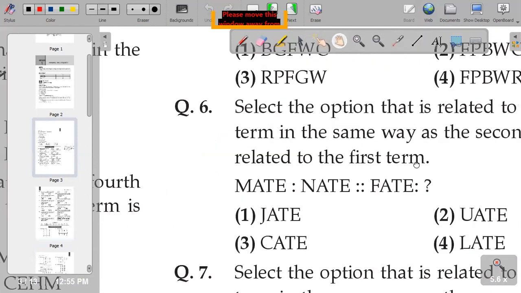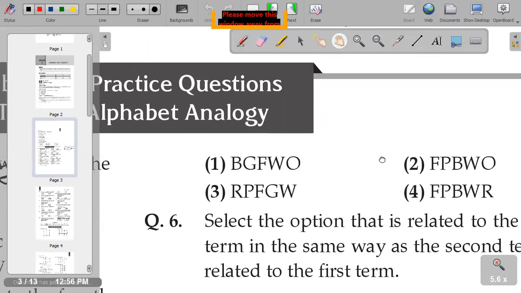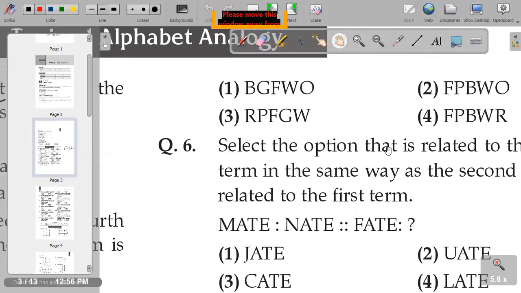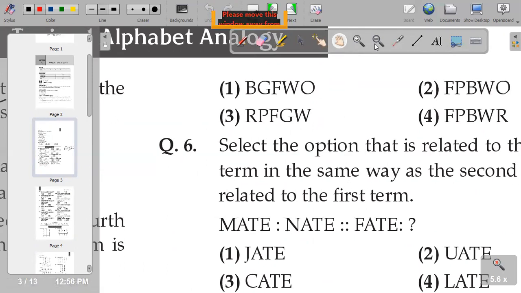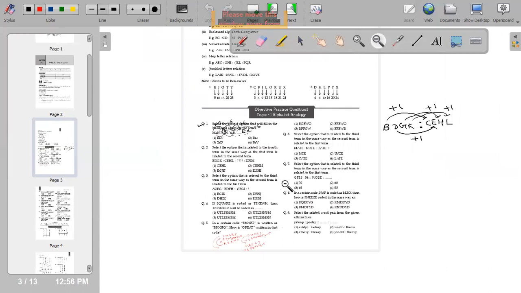So what will we do with the options? In the last word, we are just subtracting to reduce the work. So what will happen in the last word? We are subtracting 5, T minus 5.